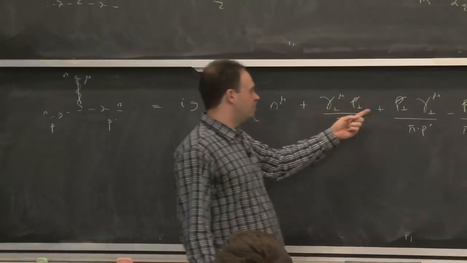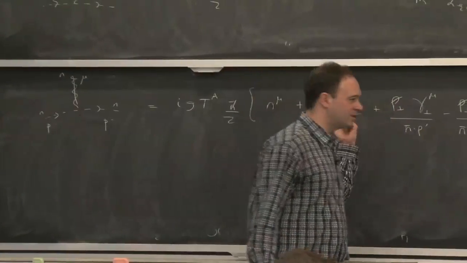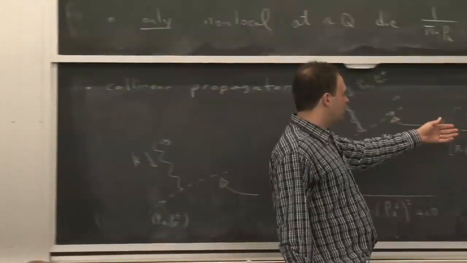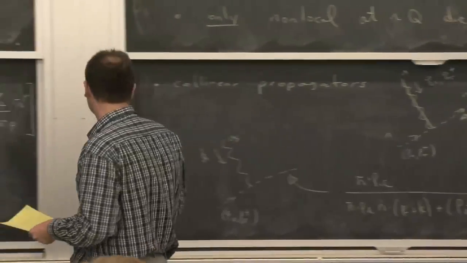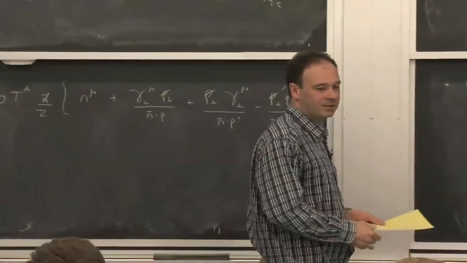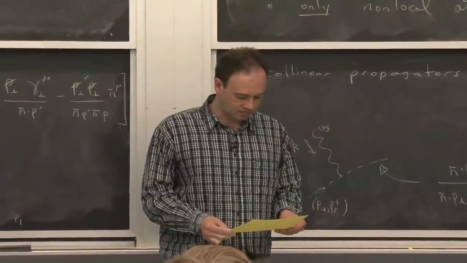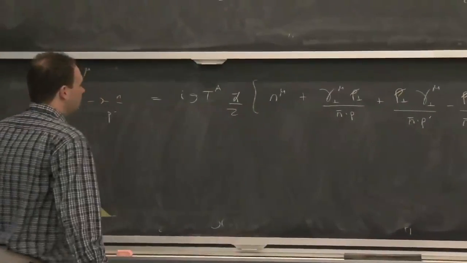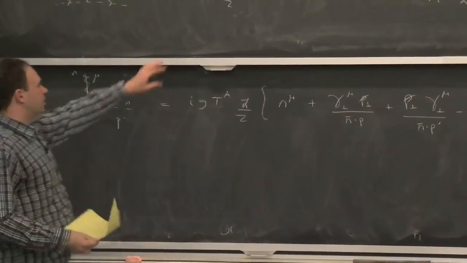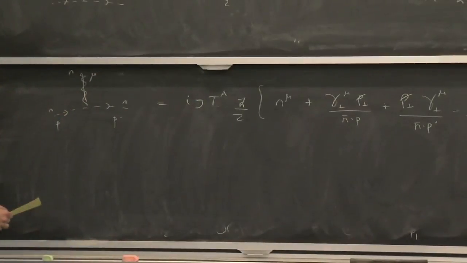So these factors of p slash here are just reproducing p slashes that in the full QCD context would be in the propagator. You can actually work out, if you start writing down Feynman diagrams, that that's exactly what's going on. So that's the price that we paid for making a Lagrangian that dealt with both things at the same time and made this part really simple. That part became slightly more complicated.